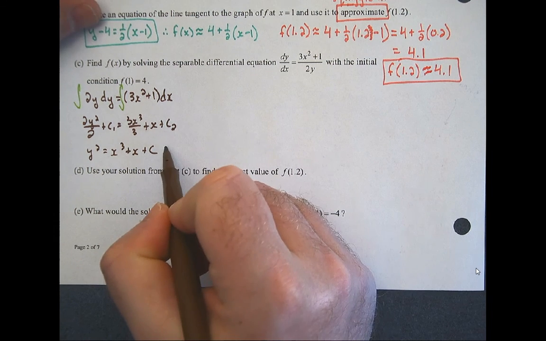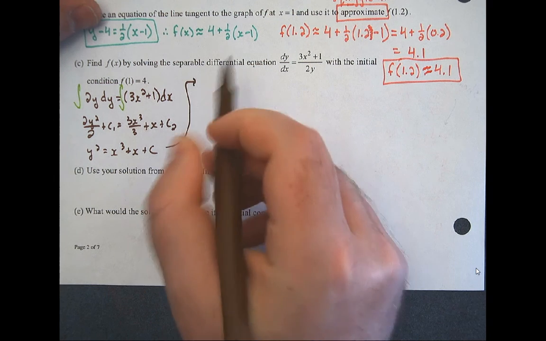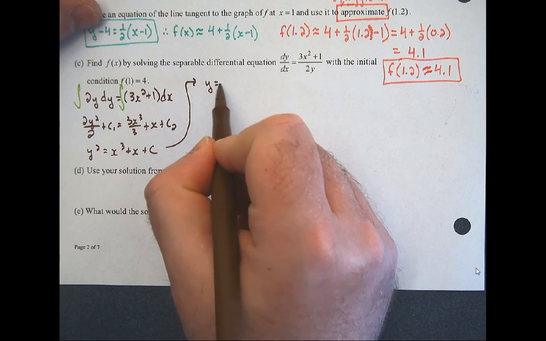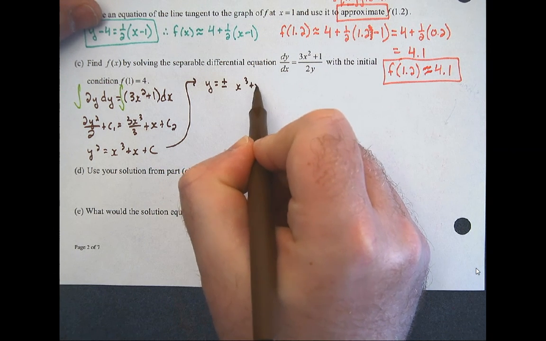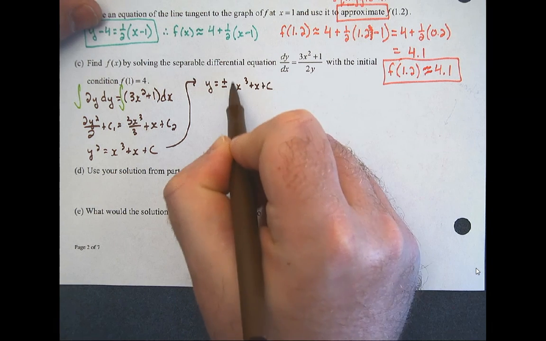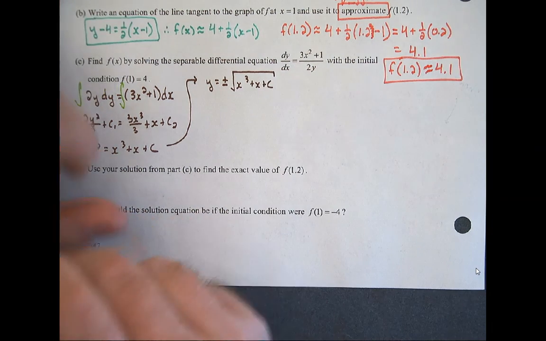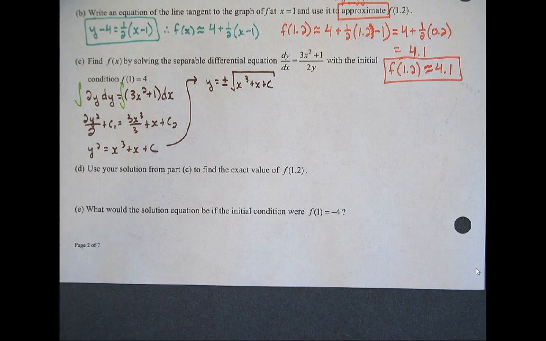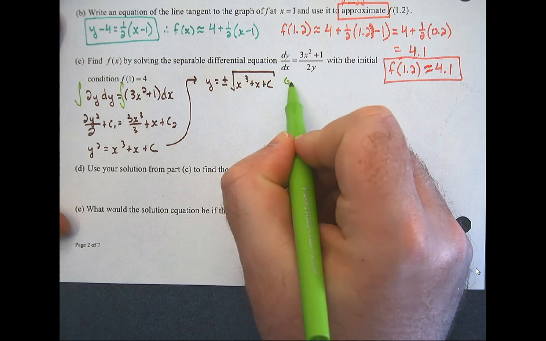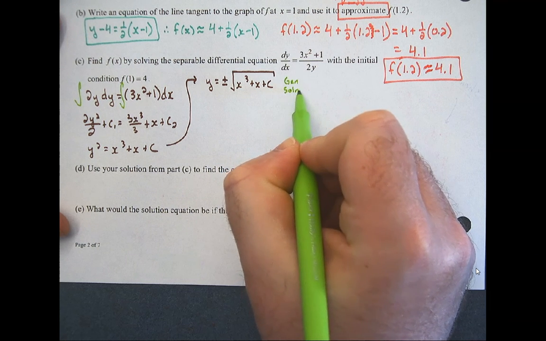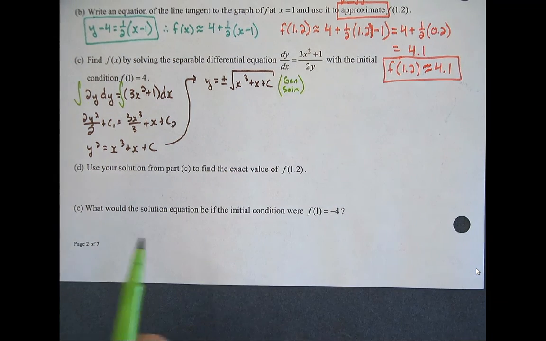So now I'm going to take this and I'm going to rewrite this up here. So y then is equal to plus or minus the square root of x cubed plus x plus c. This is a general solution. So we have to find the particular solution.